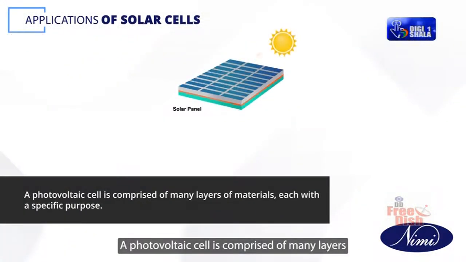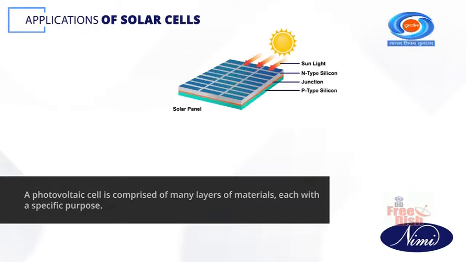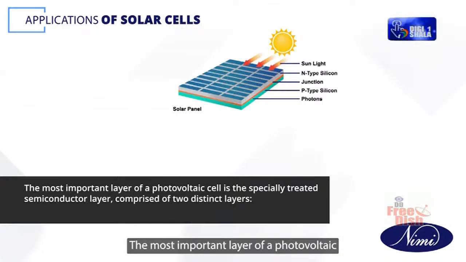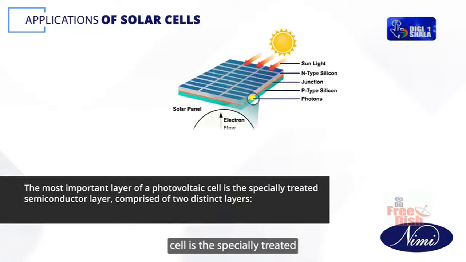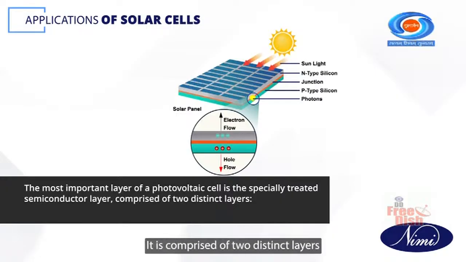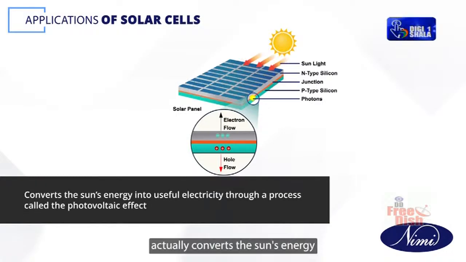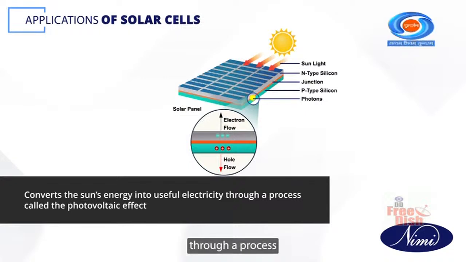A photovoltaic cell is comprised of many layers of materials, each with a specific purpose. The most important layer is the specially treated semiconductor layer. It is comprised of two distinct layers, P-type and N-type, and is what actually converts the sun's energy into useful electricity through the photovoltaic effect.